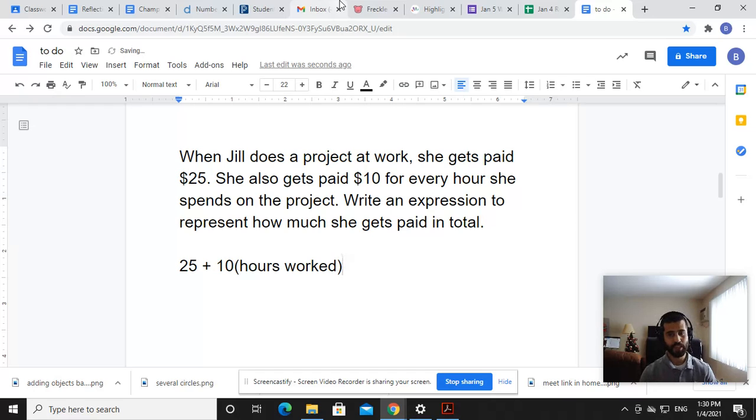And instead of using that cumbersome phrase, hours worked, we can be somewhat lazy mathematicians and use a variable there instead: 10 times x, with x meaning the number of hours she worked. So instead of x though, we're going to use a j because her name starts with j. And there is the expression.